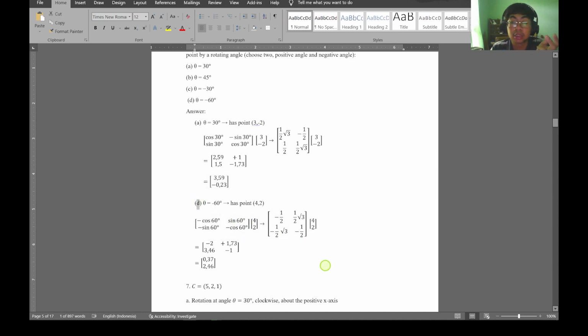Theta is minus 60 degrees, with point 4 and 2. Because this is a negative angle, we convert it to the positive angle.